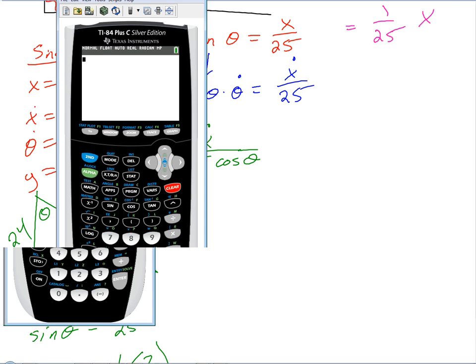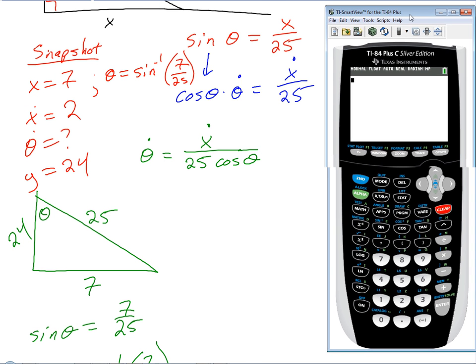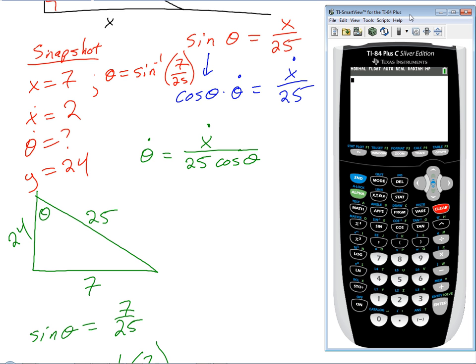Okay, so if I want to solve for theta dot, I would get x dot, which is 2, divided by 25 times the cosine of theta, which is just the arc sine of 7/25.